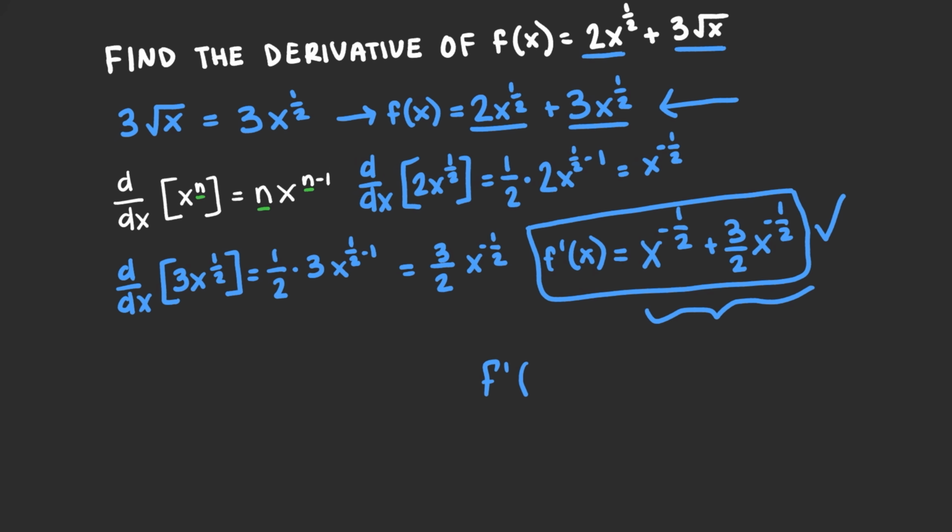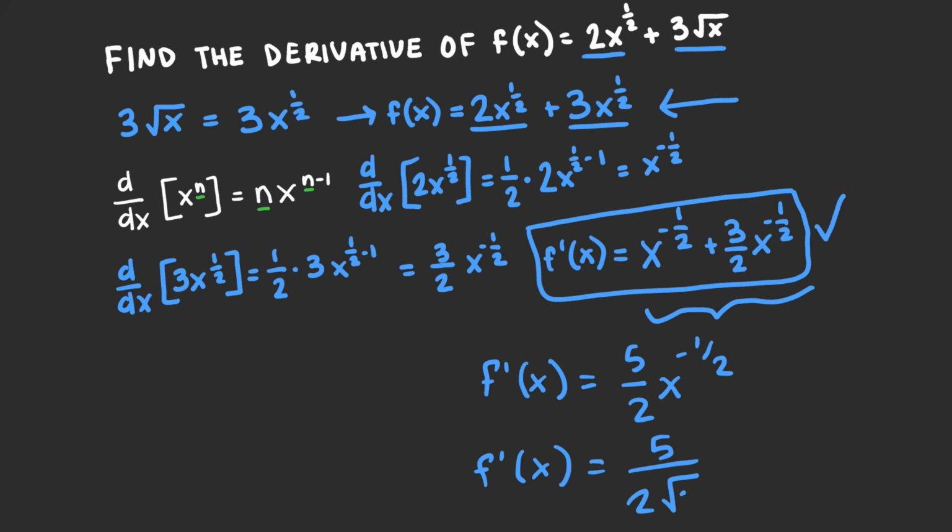So you could simplify this to f prime of x equals 5/2 x to the power of negative 1/2. And if you want to simplify further and put it into the notation of a fraction, you would get f prime of x equals 5 over 2 times the square root of x.